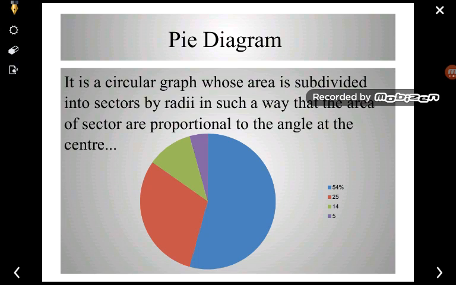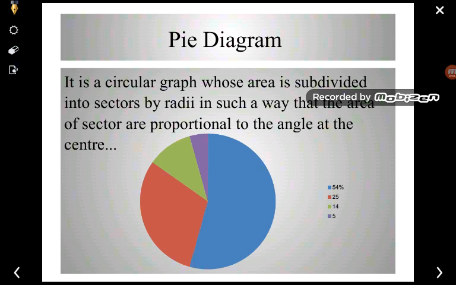Next, coming to the topic, that is pie diagram. So it is one of the ungrouped data representations. So how can we represent the ungrouped data in the form of a pie chart or pie diagram? So what is a pie diagram? It is a circular graph whose area is subdivided into sectors by radii.